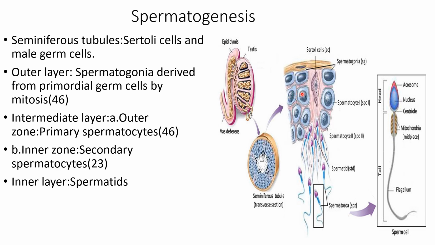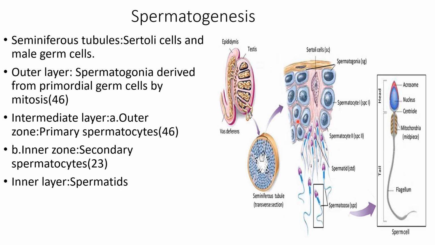Now these primary spermatocytes will undergo the first meiotic division, which is a reduction division, and each primary spermatocyte will give rise to two secondary spermatocytes. As it is the first meiotic division, it is a reduction division. So the secondary spermatocytes present in the inner zone of the intermediate layer will have a haploid number of chromosomes.